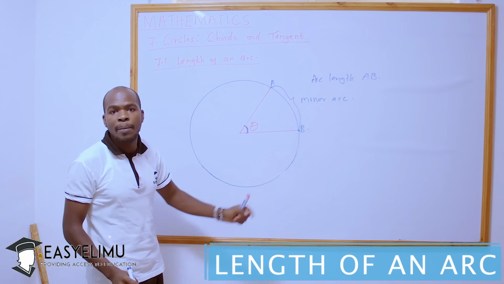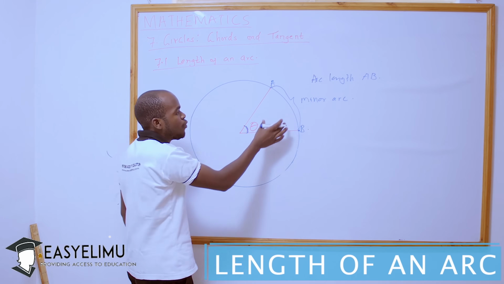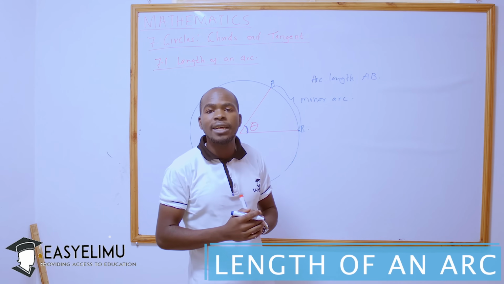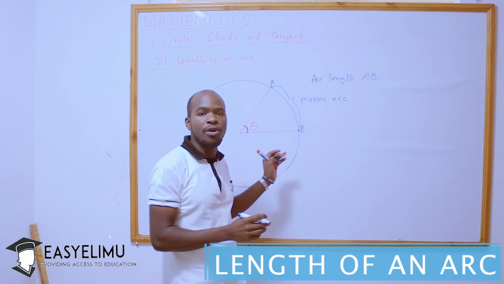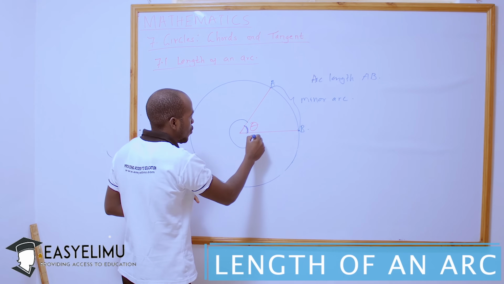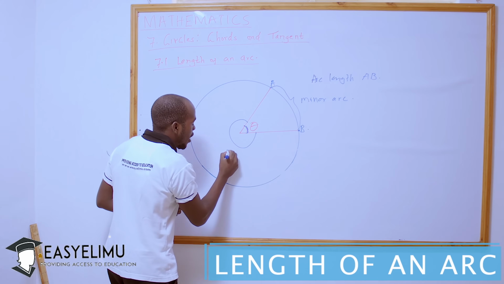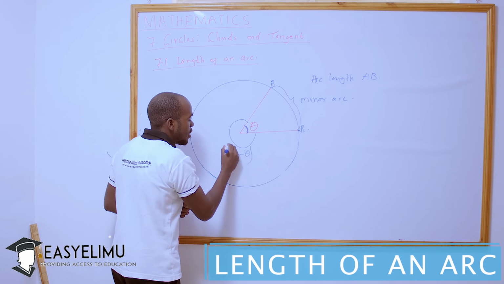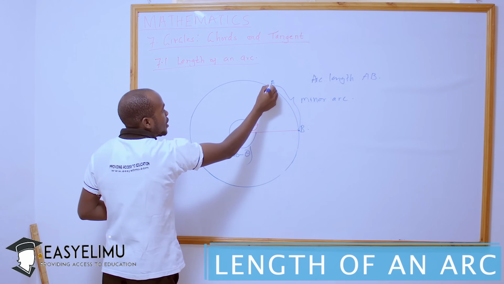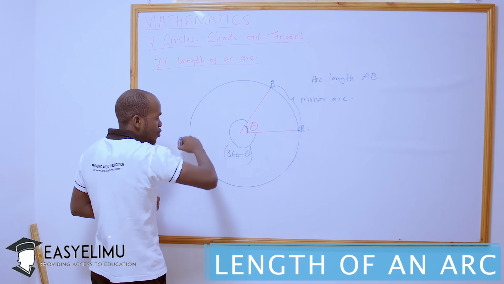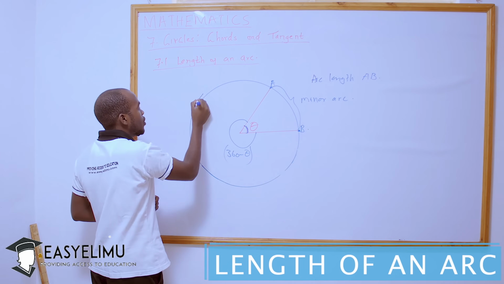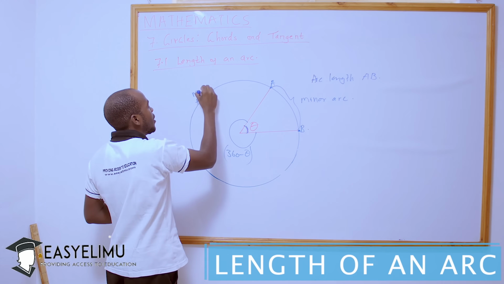If we have a minor arc in a circle, then automatically the remaining part of this circle is the major arc, which is measured by an angle of 360 minus theta. This arc, which is subtended from this section if you move up to B using the outside direction, is the major arc.